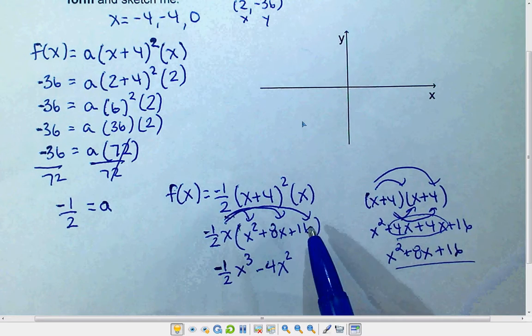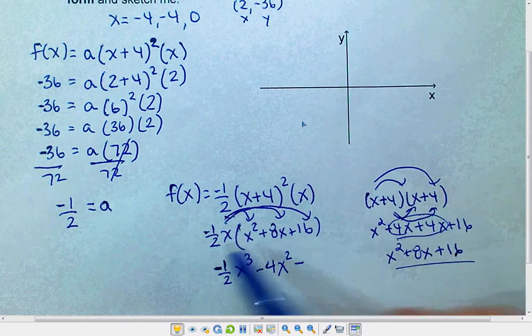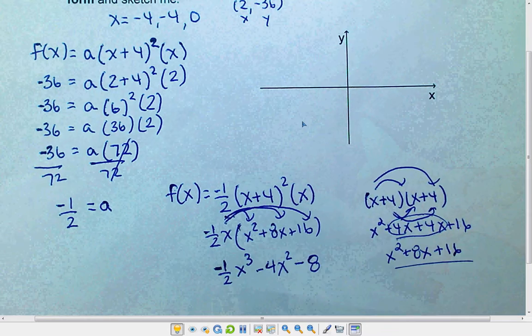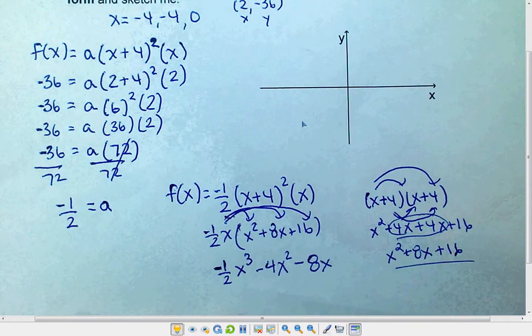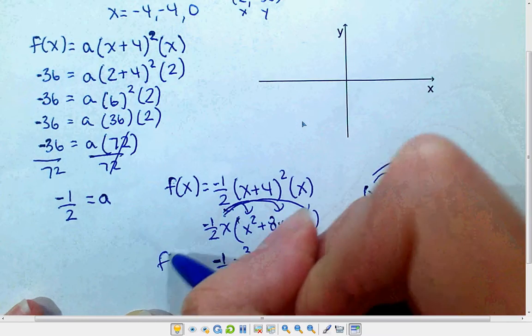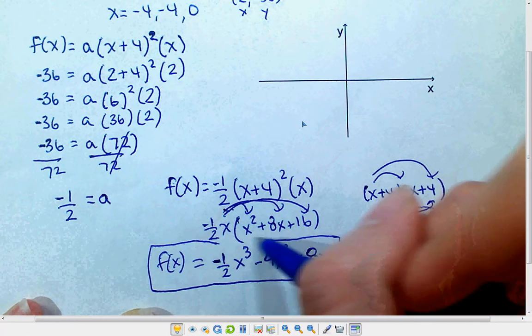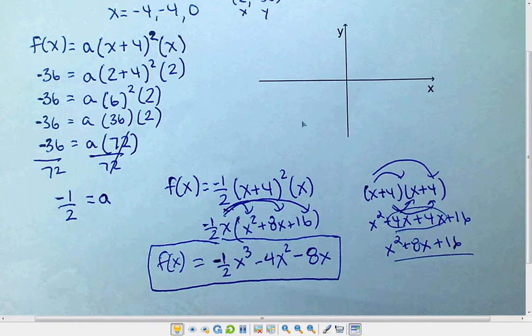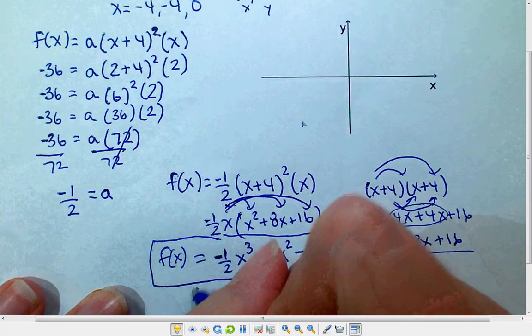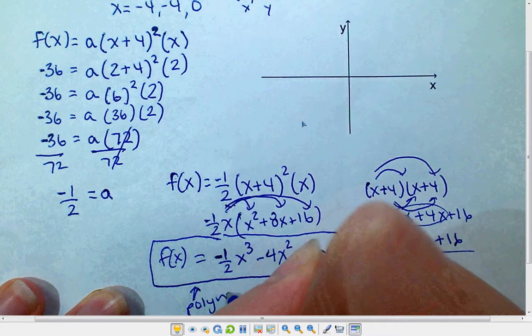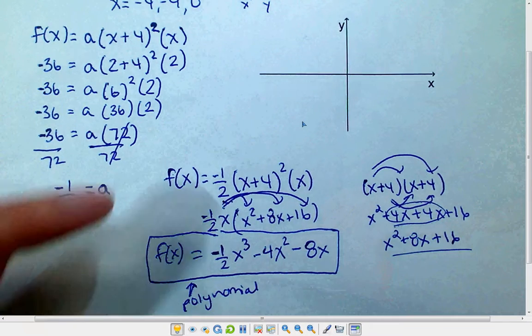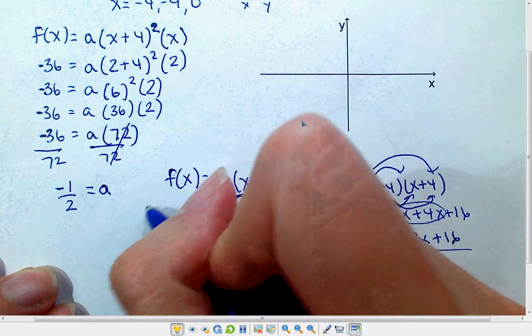Negative 1/2 times 16. So half of 16 is 8. So negative 8. And then there's 1x left over. And so this is now my fully multiplied out polynomial form for this function. So this is the polynomial form, whereas this one was the factored one.